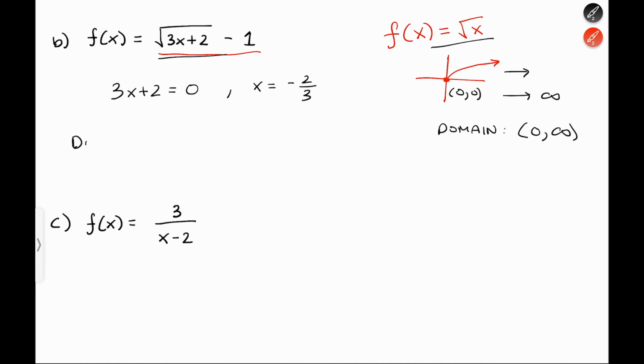And so the domain will go from negative 2 over 3 all the way to infinity. And the range is much easier. We can see that there's been a translation 1 unit down over here, and so it goes from negative 1 all the way to positive infinity.